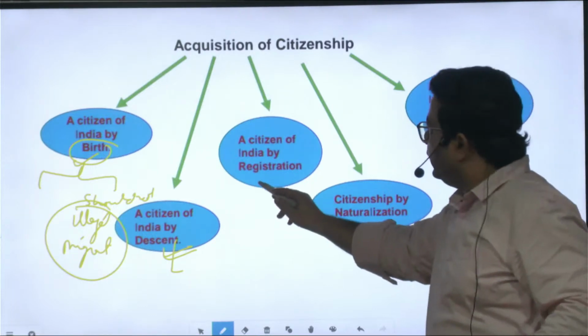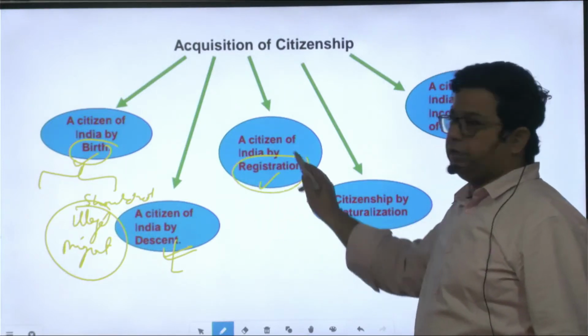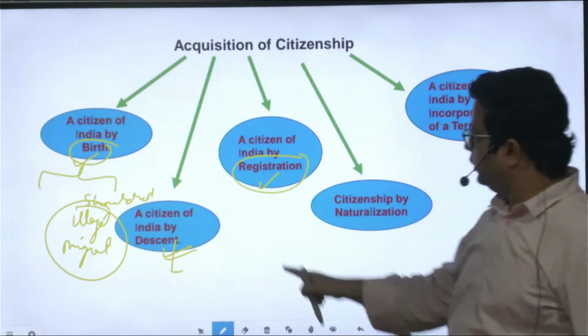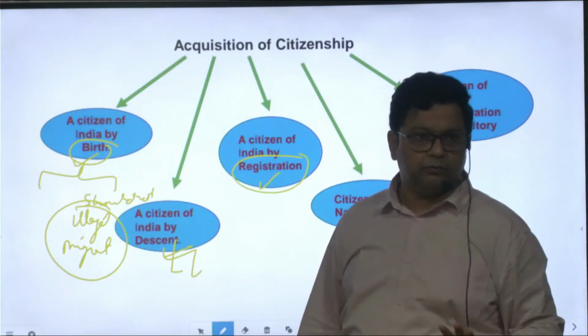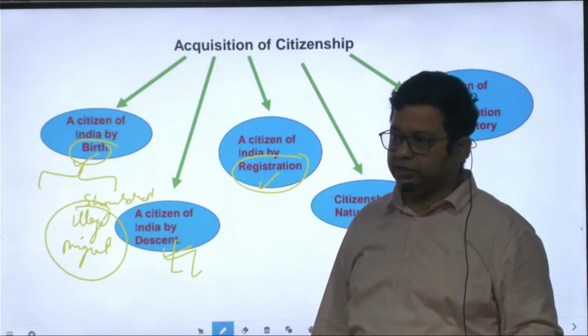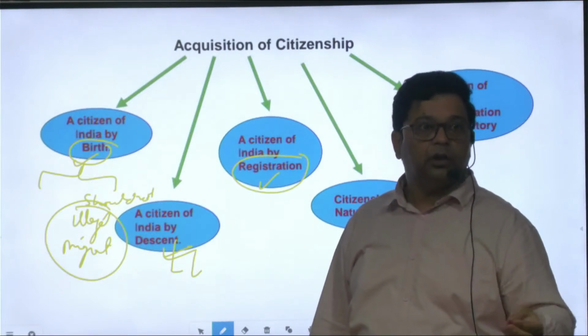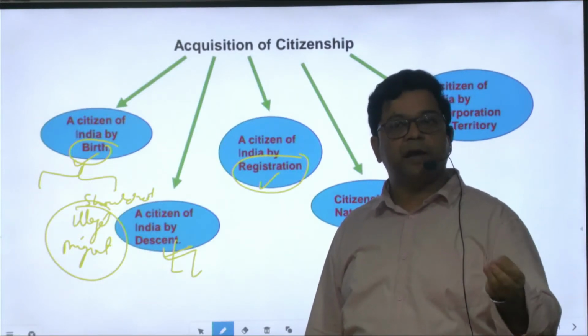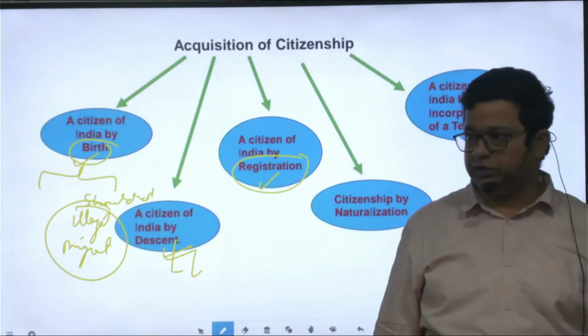Next, citizenship by registration. How does this work? Suppose a person is born in any nation, and at the time of his birth, either of his parents is an Indian citizen. But after his birth, both of his parents become foreign nationals. They acquired foreign citizenship, right?